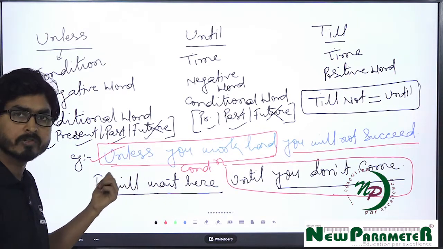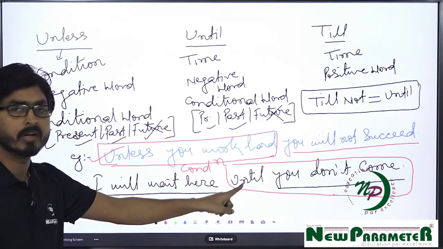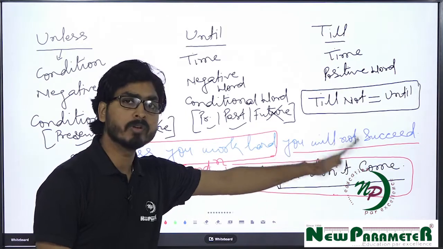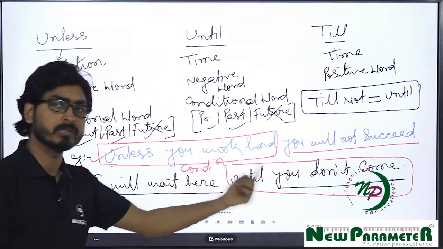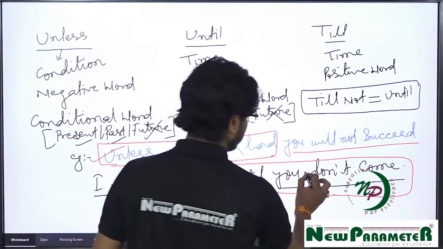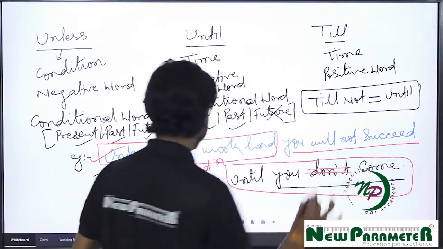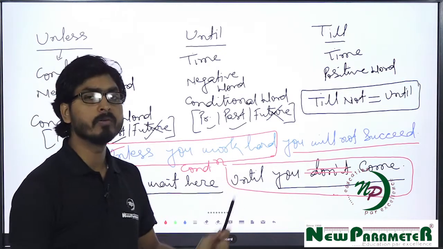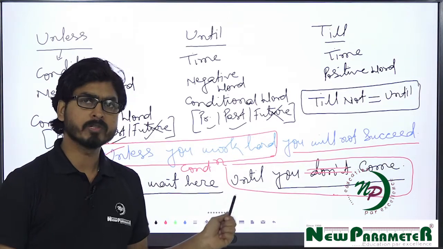Here I have used a future tense, but this is not the clause of until. This is the clause of until, because this is the time up to which I can wait here. So this shows time. That's why we can simply remove don't. So the correct sentence will be: I will wait here until you come. I hope you have just got it.